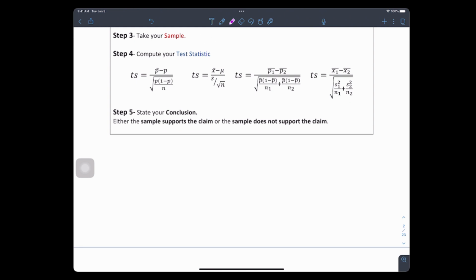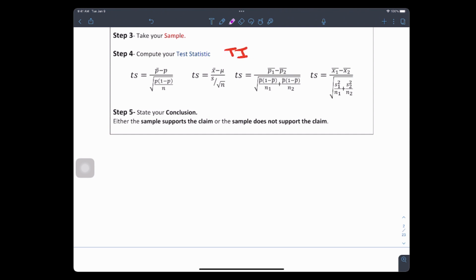So it's the same exact process, but for the test statistic, what do we use now? TI. And I can even tell you now in the TI what you use.